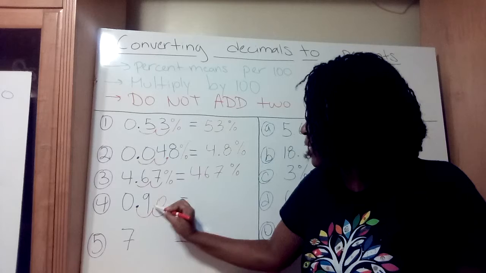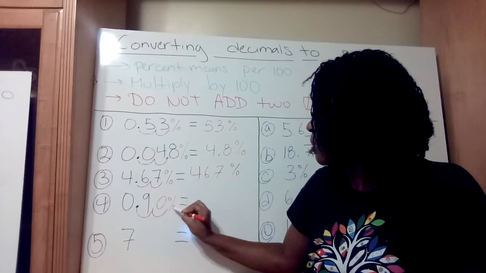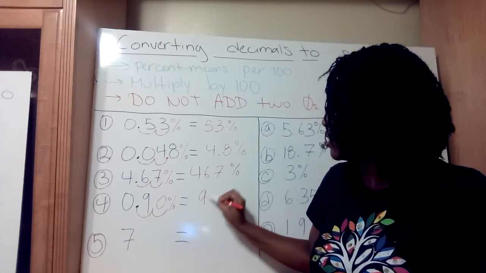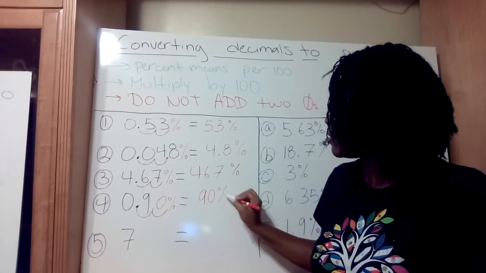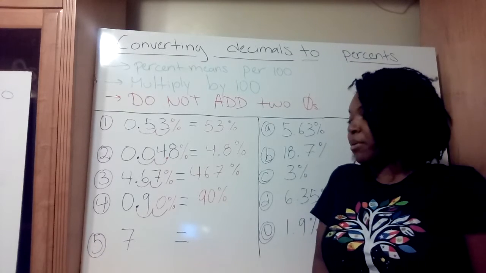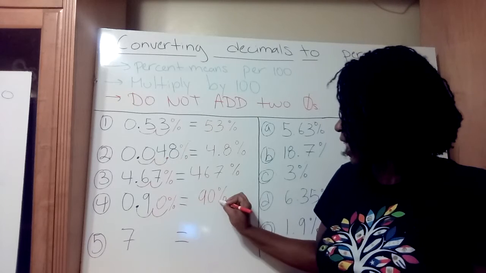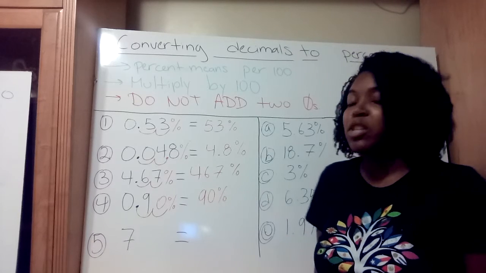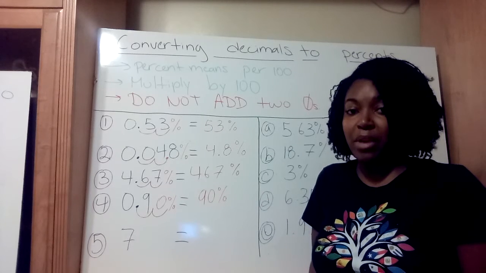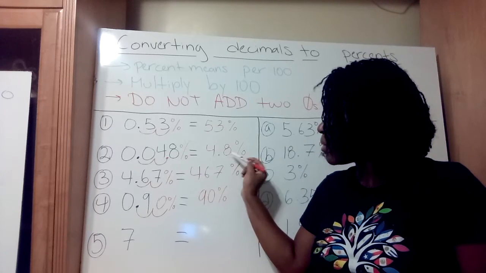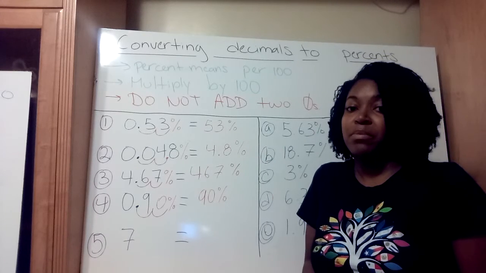So I move 2 place values, add my percent, and my number is 90% as a decimal. Okay? Again, if my decimal point lands at the end and there's nothing after it, just the percent sign, you don't need it. Okay? You only keep the decimal point if there's actually a number after that value.